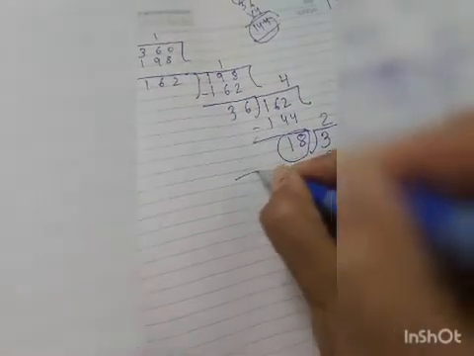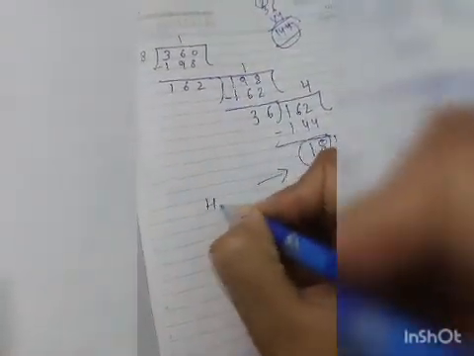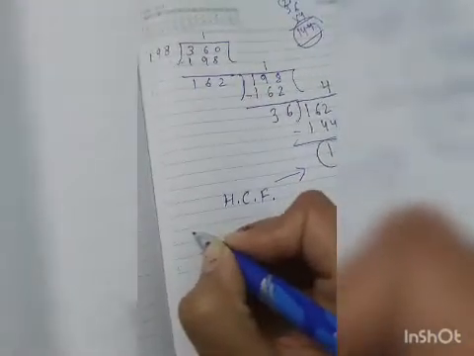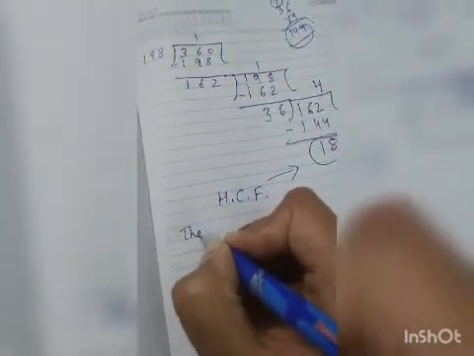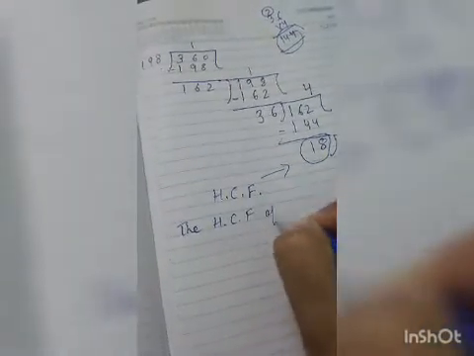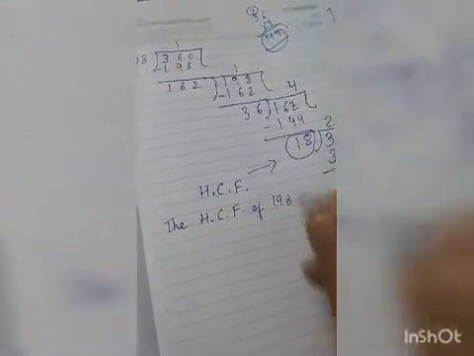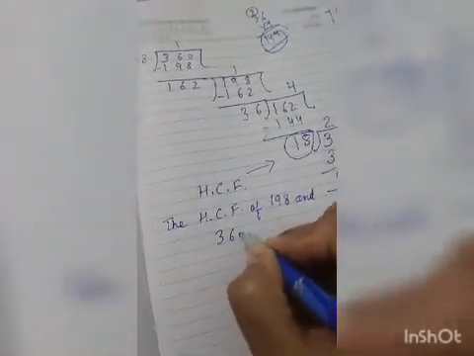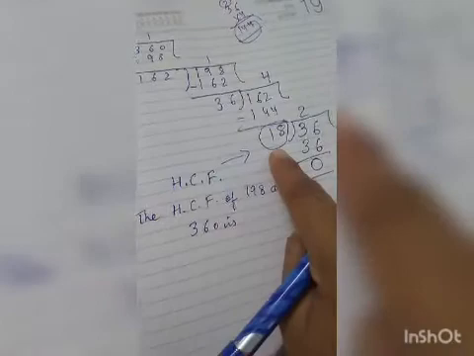So the last divisor, when the remainder is 0, is 18. So here we have 18 as HCF, which means the highest common factor of 198 and 360 is 18.